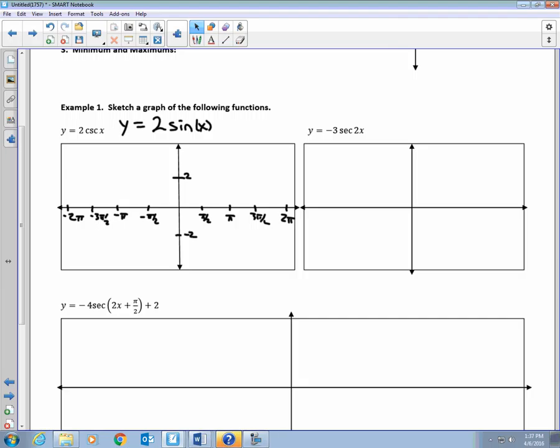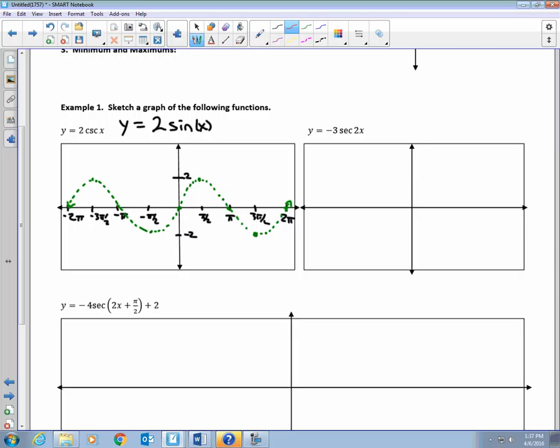Start max, min, or middle? Middle. Got my sine graph drawn.